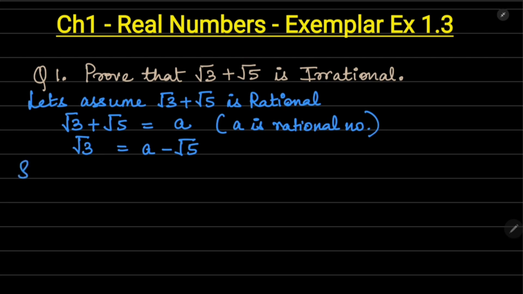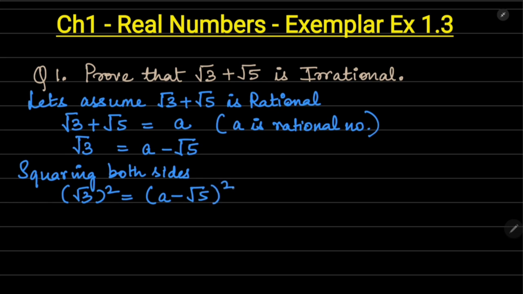And then I have to square on both sides. Squaring both sides, I get root 3 the whole square is equal to A minus root 5 the whole square.